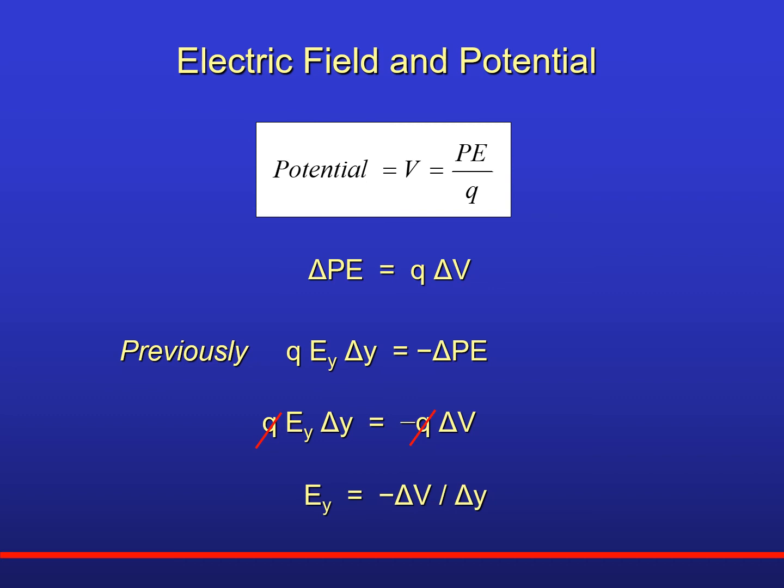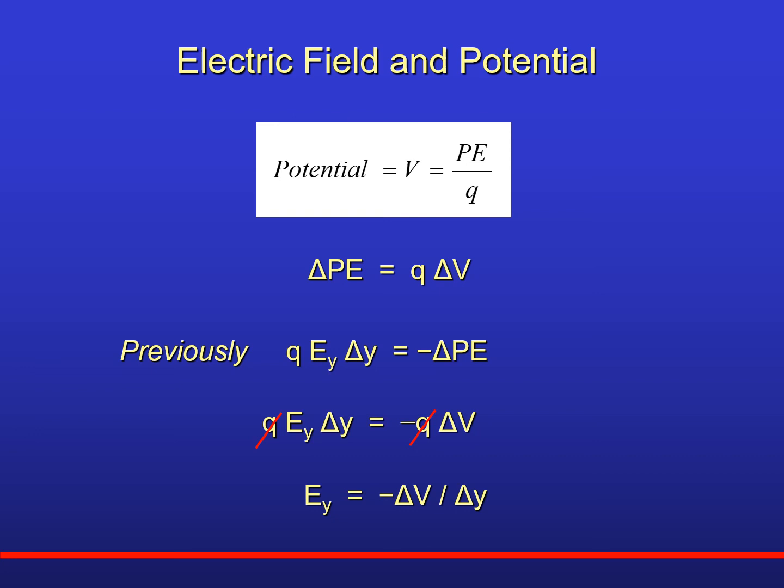Here we have the thing we're looking for. Here is the relationship between electric field and potential, or electric field and voltage. The y component of the electric field is minus delta V over delta y.